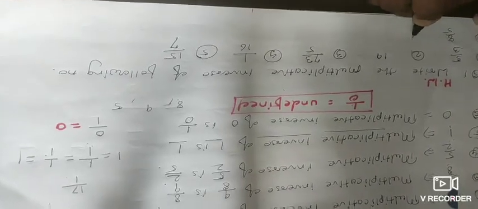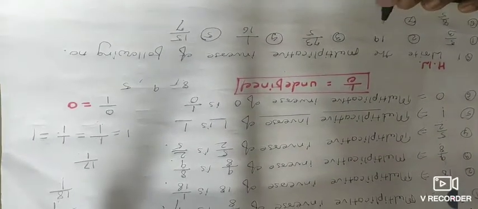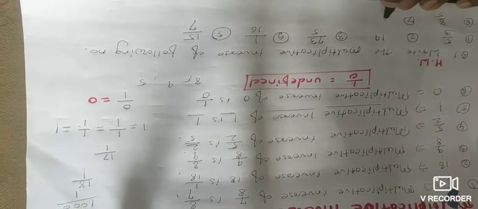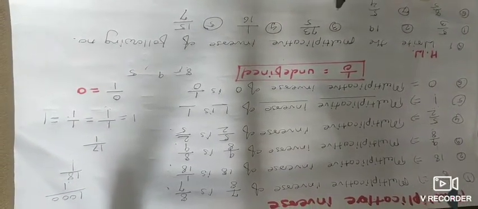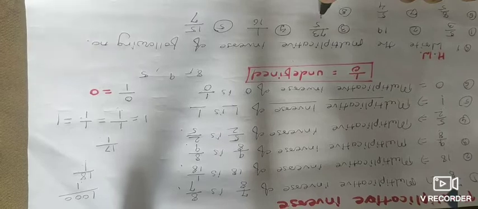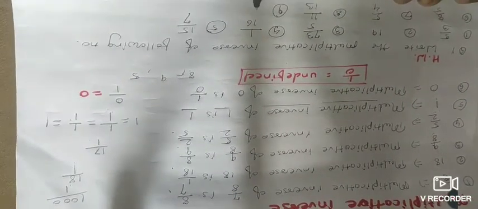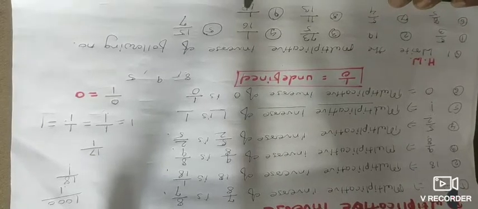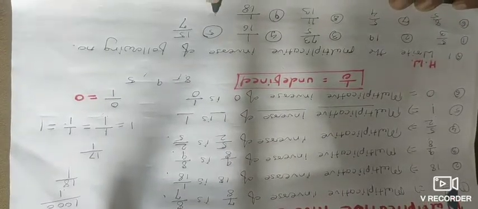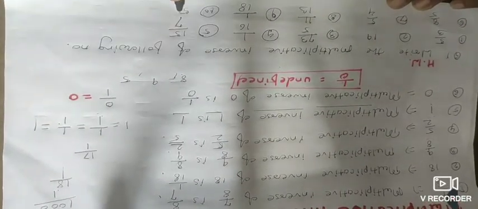Then next, the multiplicative inverse of 5 upon 4. Then 11 upon 13. Then the multiplicative inverse of 1 upon 18. And at last, the multiplicative inverse of 55.